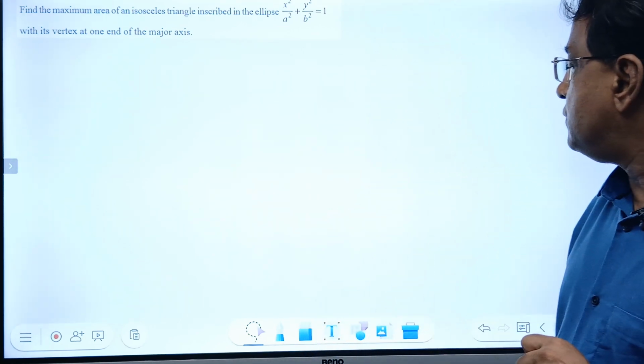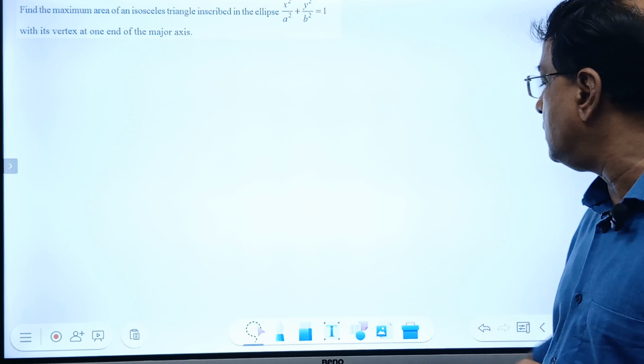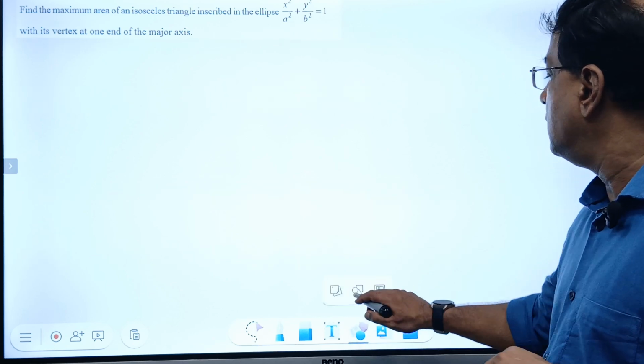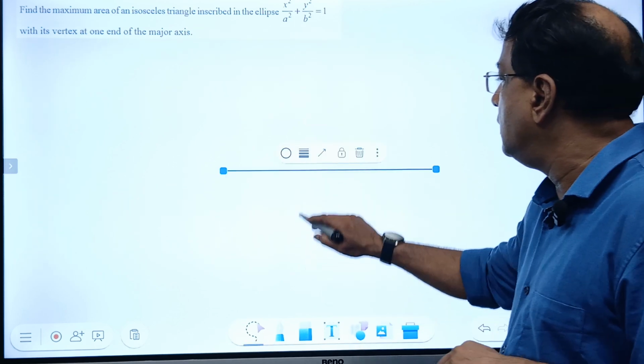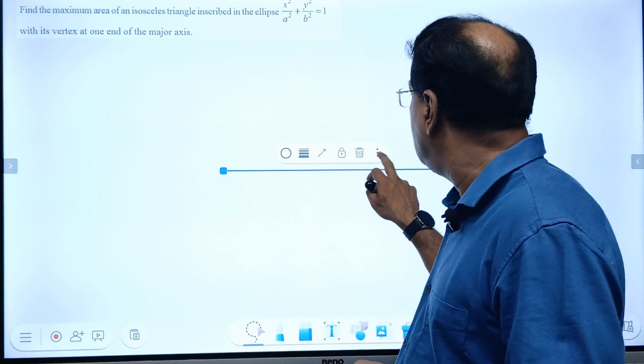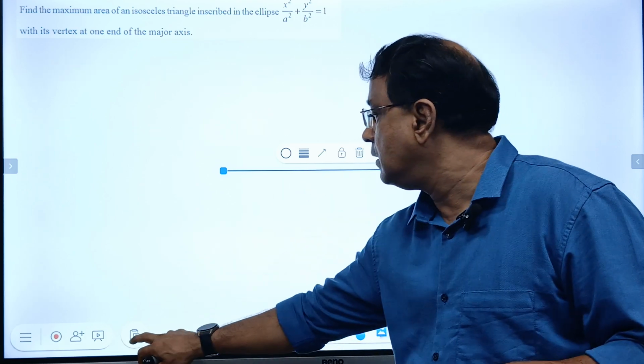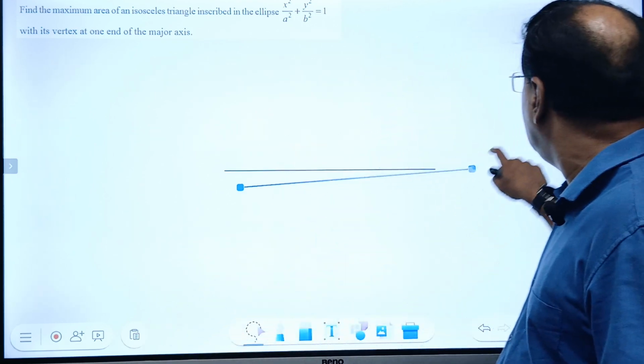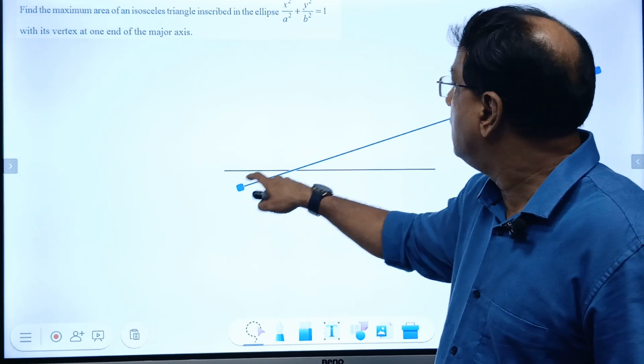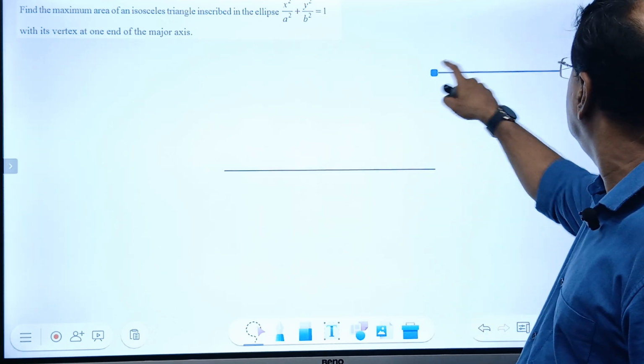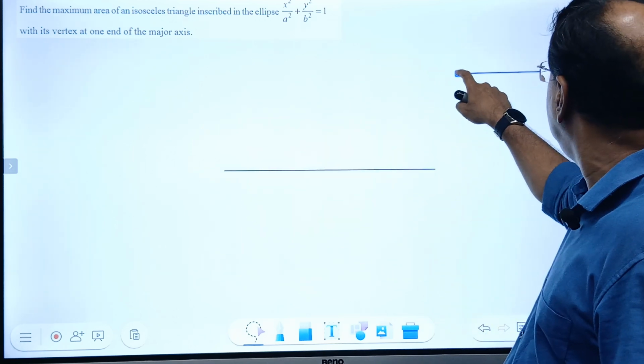So for that, first of all let me draw the coordinate axes. Let's keep it simple.